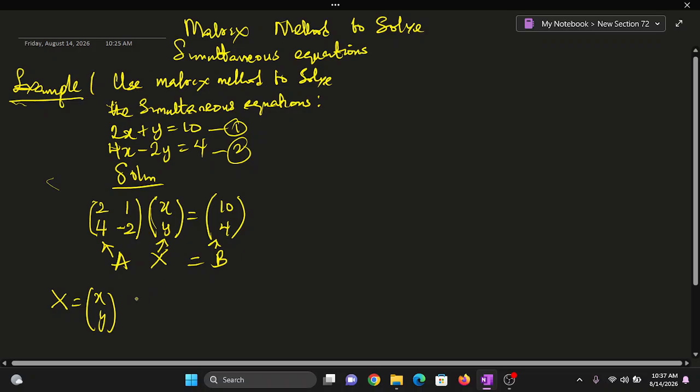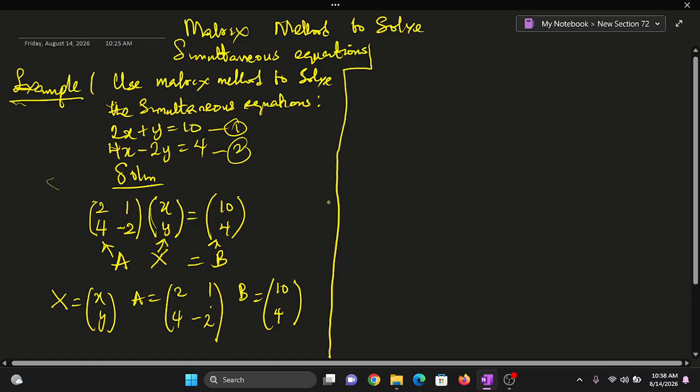You know that your A is equals to 2, 1, 4 and minus 2, and your B is equals to 10 and 4. Now look up and let's go and solve this problem, and I know you like it. It is not burdensome.